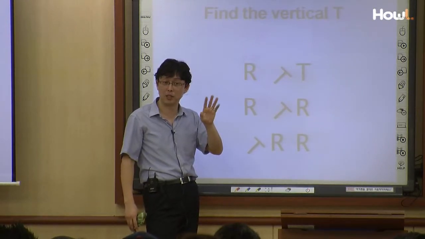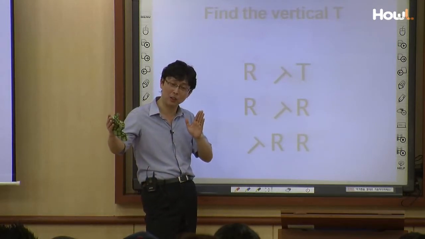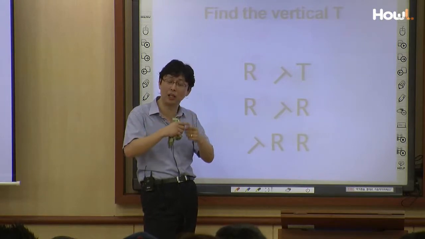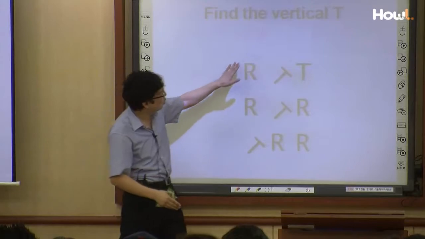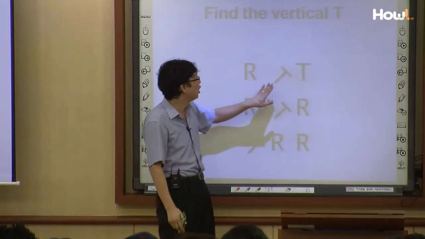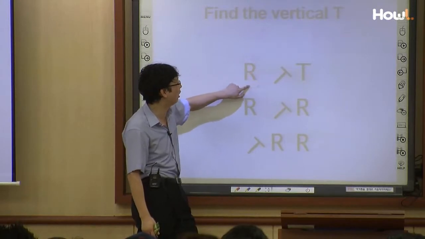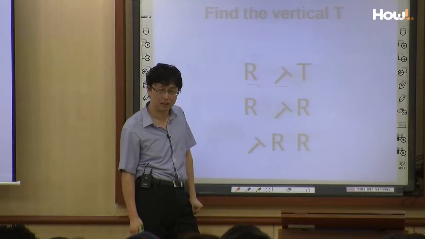Sternberg paradigm. Yesterday I mentioned this Sternberg paradigm. When you have more information to filter out or check against the original information, it takes more time, right? Likewise, when you have 9 pieces of information and you want to find the vertical T, you have to filter out R as well as slanted T.